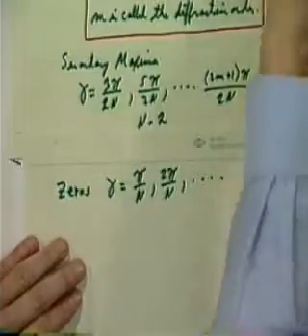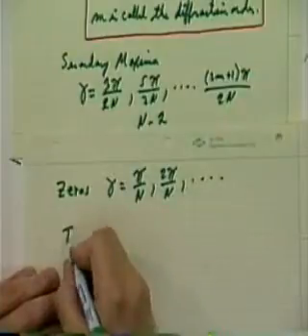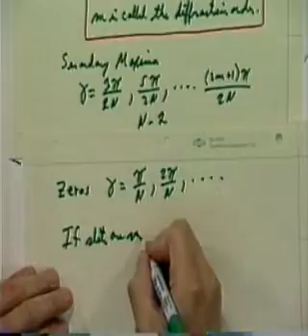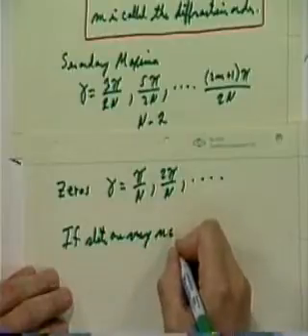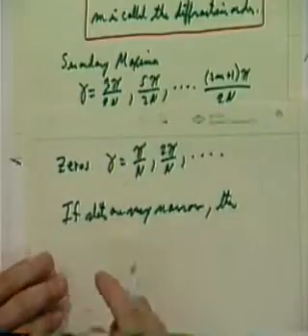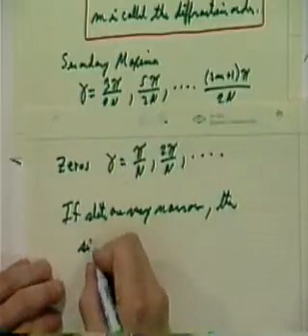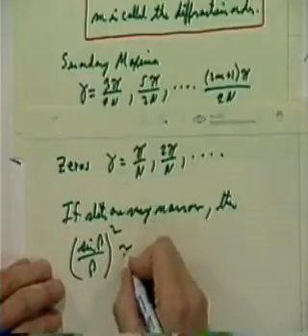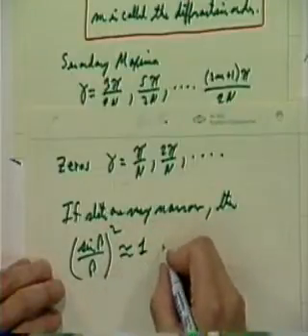So let's write that down here, that if slits are very narrow, then sine of beta over beta, well, even square it, is approximately equal to 1.